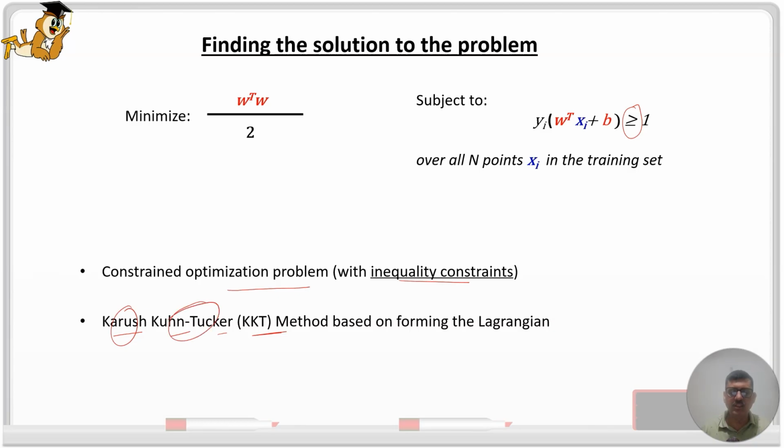They came up with this method independently, and it is based again on forming the Lagrangian, like we did when we considered optimization problems with equality constraints. Here, because the constraints are inequality constraints, things will change a little bit. Let us see how they change. But this is the method that we are going to employ to find the solution to this optimization problem.